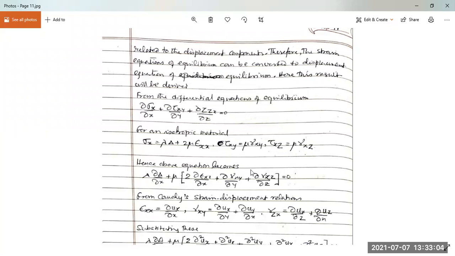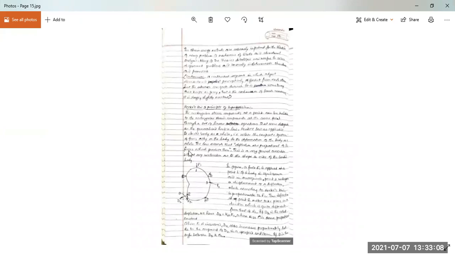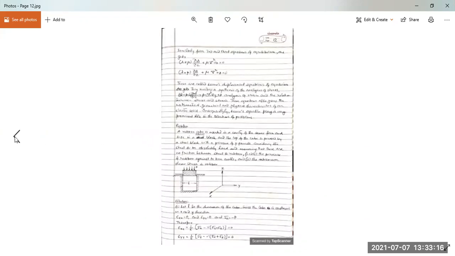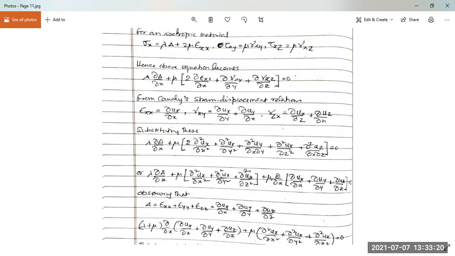Now, substituting these values, we get ∂/∂x as it is, into λ plus μ into 2.